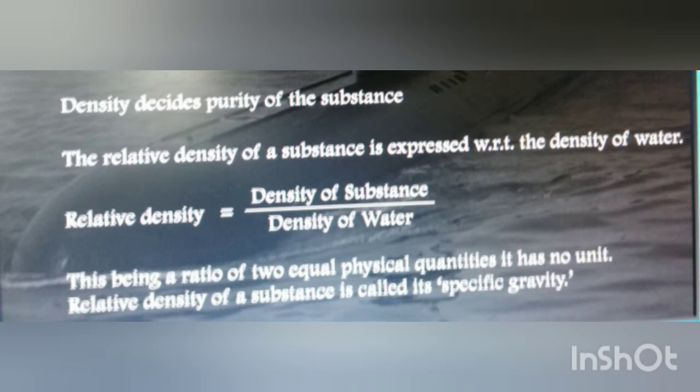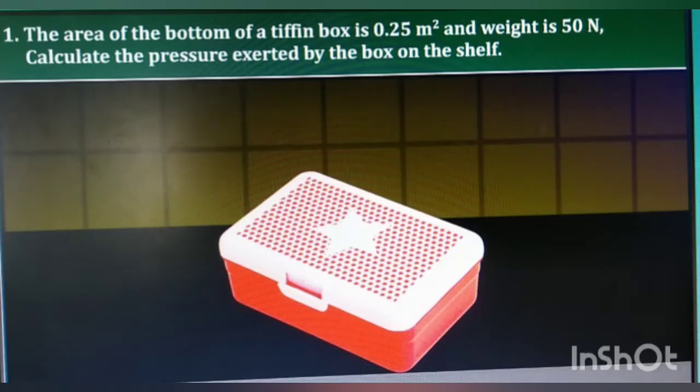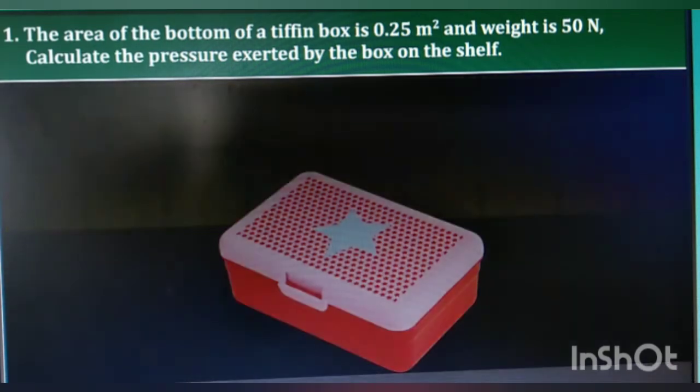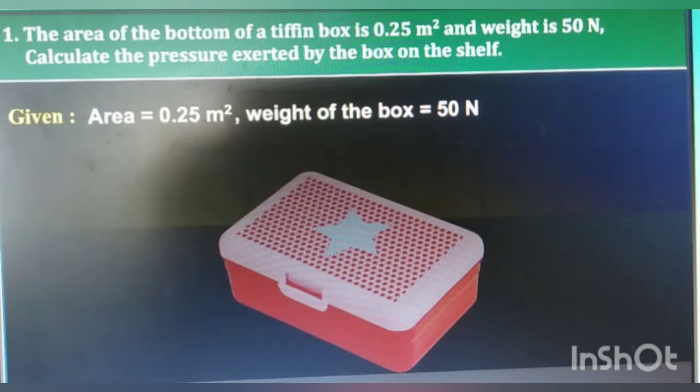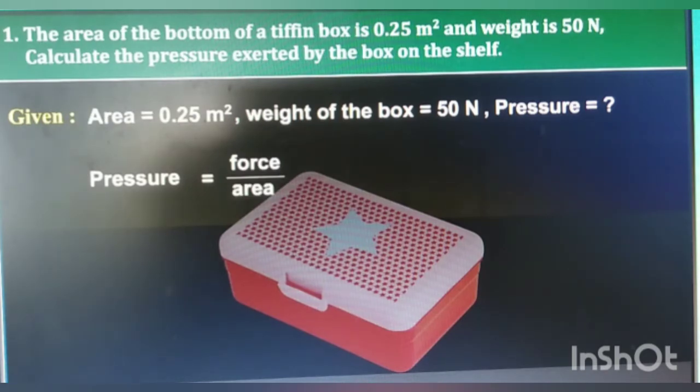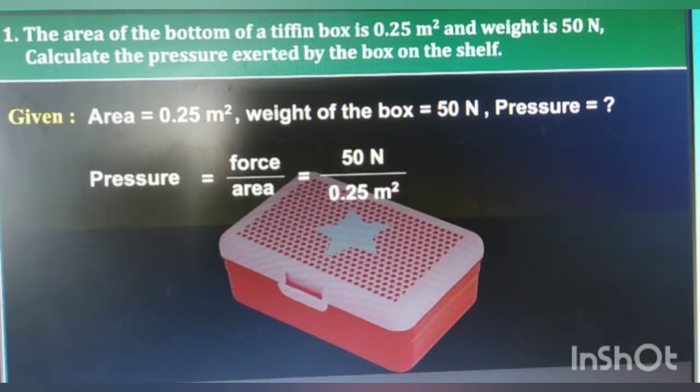Here are some solved examples. Example first. The area of the bottom of a tiffin box is 0.25 meters square and weight is 50 Newton. Calculate the pressure exerted by the box on the shelf. Given area is equal to 0.25 meters square.